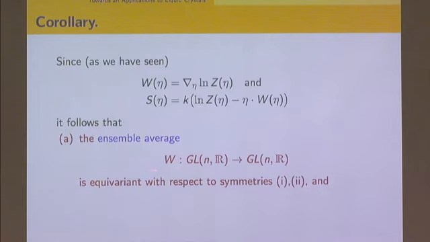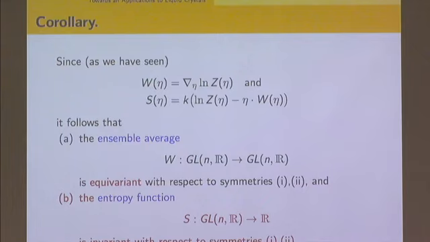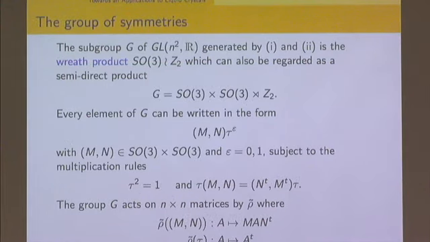The ensemble average is as a consequence also equivariant with respect to the symmetries which we have described, and the same is true for the entropy function. If we look at this group now, which is generated by the symmetries given in 1 and 2, I mean which were the left multiplication and the transposition, we see that we get a direct product of SO3 with Z2, which, if you write it out, you get SO3 times SO3 semi-direct product with Z2, or you can also describe it in matrices.